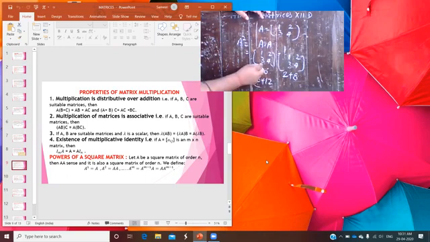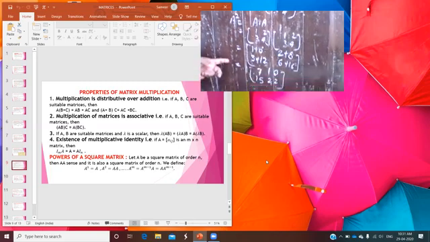In the same way, second row, second column: 3 into 2 is 6, and 4 into 4 is 16. Then solve it. So here you have 7, 10, 15, and 22.